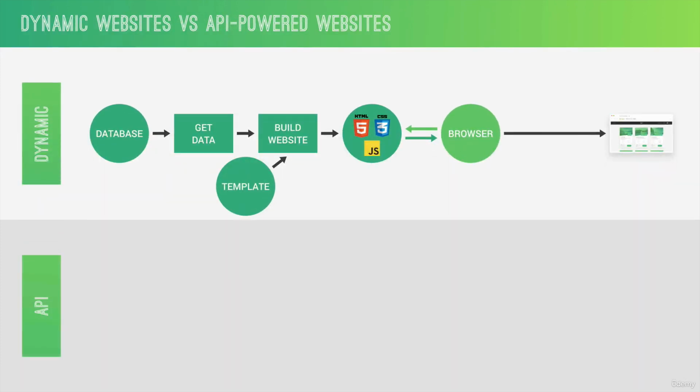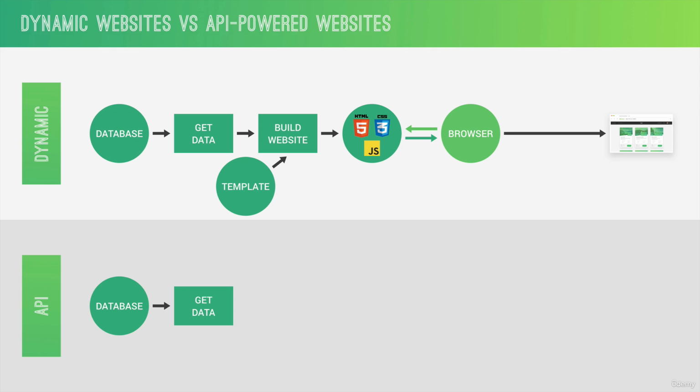Let's just keep the dynamic websites here in this slide so that we can better compare the two. So just like with the dynamic websites, we have a database here, and we have an app that fetches data from the database each time a client makes a request. So in that sense, an API-powered website is actually quite similar to a dynamic website. So both work dynamically.